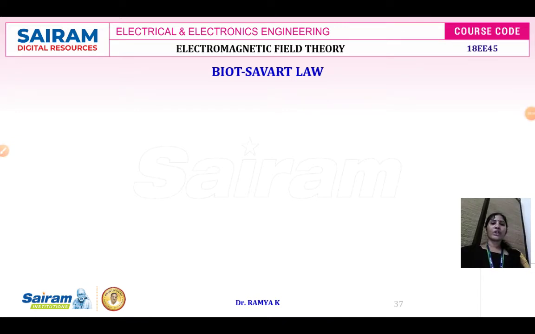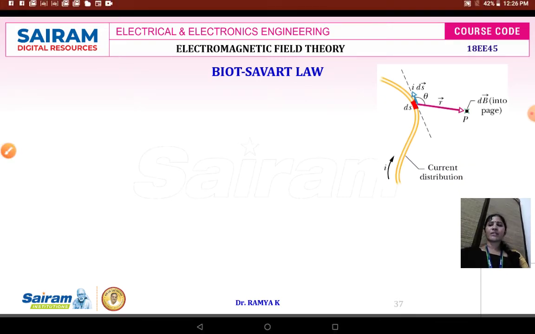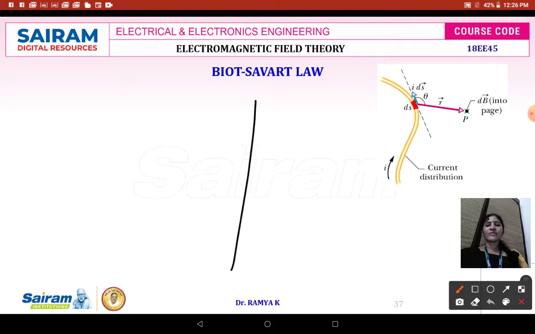In this law, we are going to consider a path. You consider a conductor, so this is going to have a line charge density. When you have a line charge density, you are going to assume a differential current element dl.